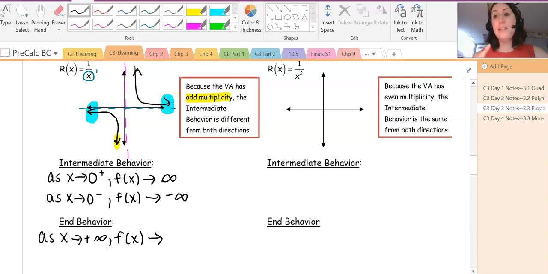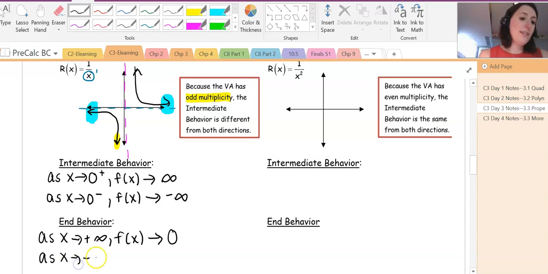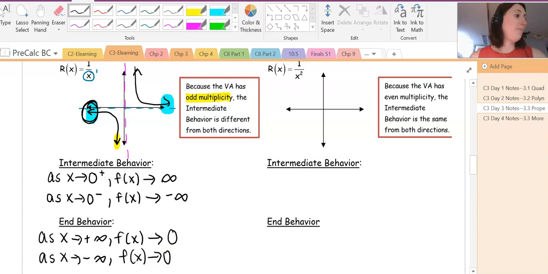Okay, what's happening is it's approaching your horizontal asymptote, so it's approaching 0. And as x approaches negative infinity, okay, so that means going to the left, this arrow over here, it's still leveling out, it's still approaching that horizontal asymptote, so f of x is approaching 0.